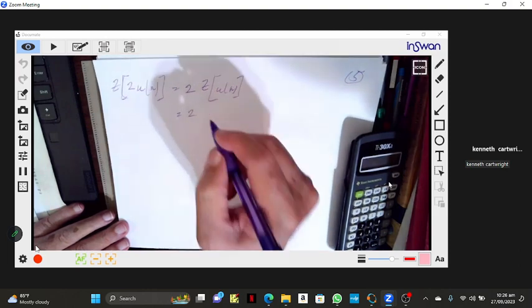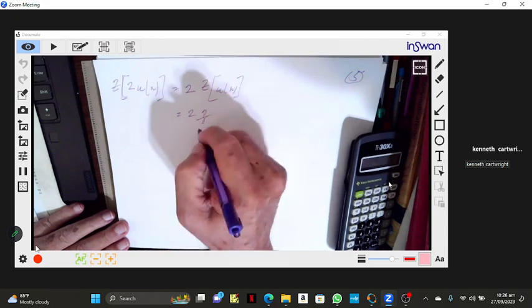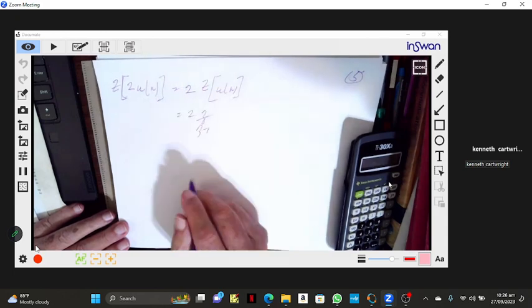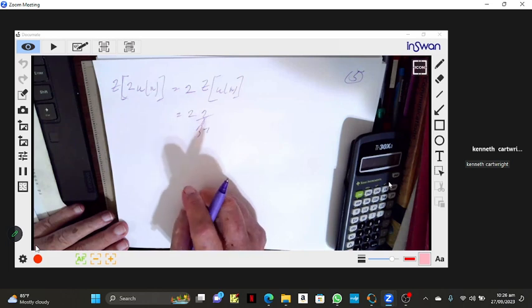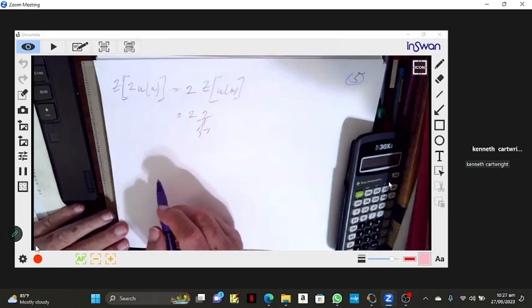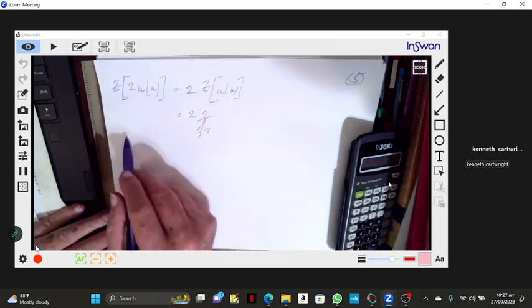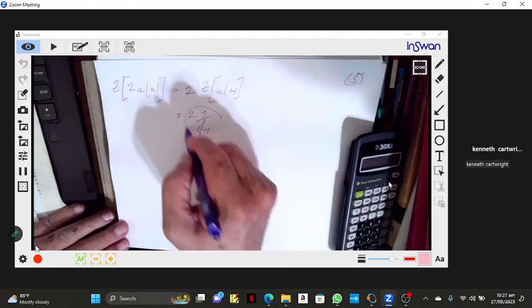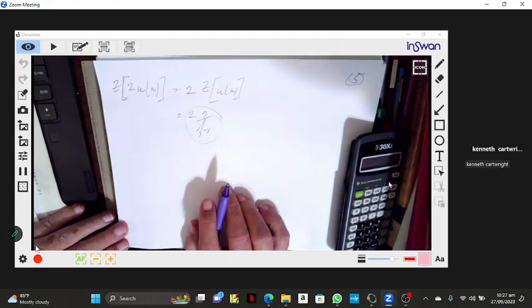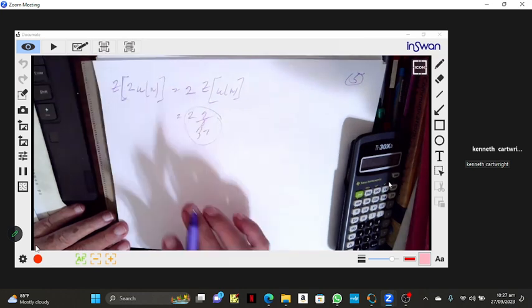So that's 2 times z over z minus 1. Okay. So what all this is saying is if the time domain waveform increases by 2, the transform increases by 2 also. Or any constant.